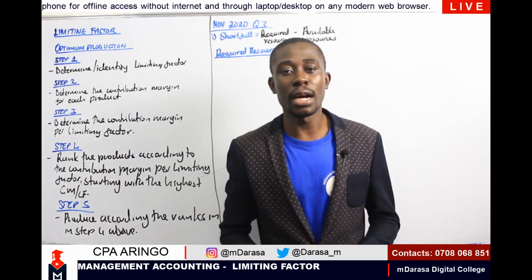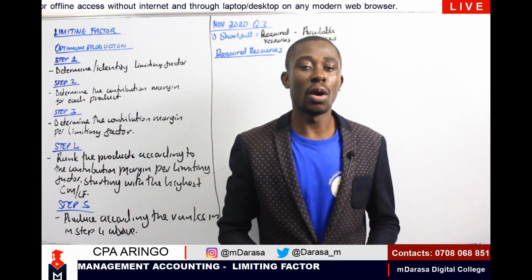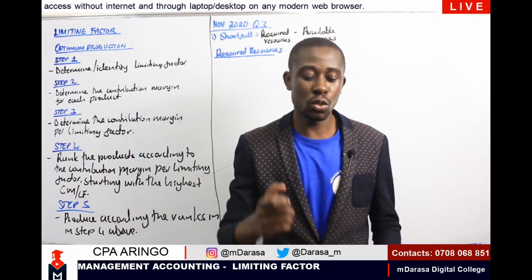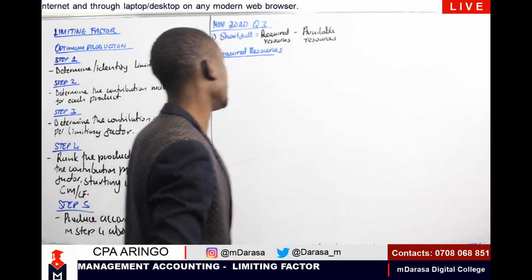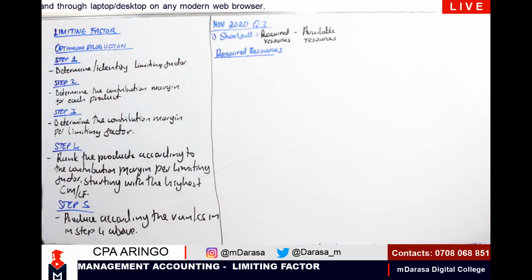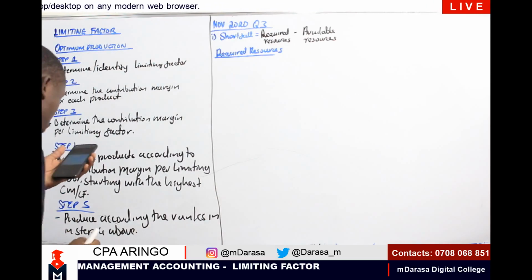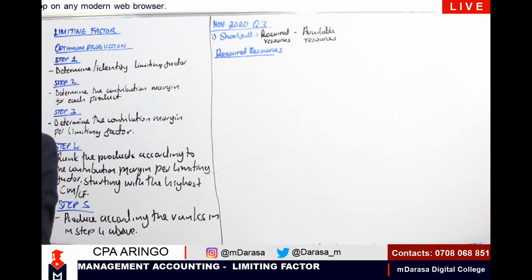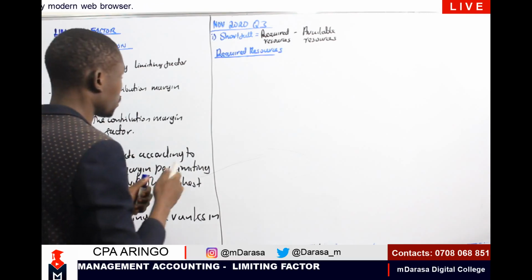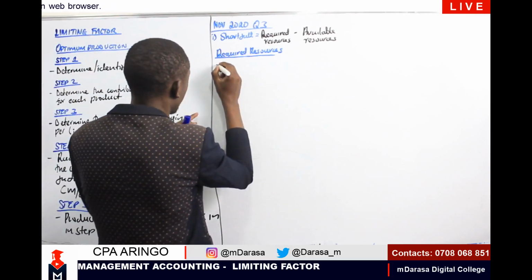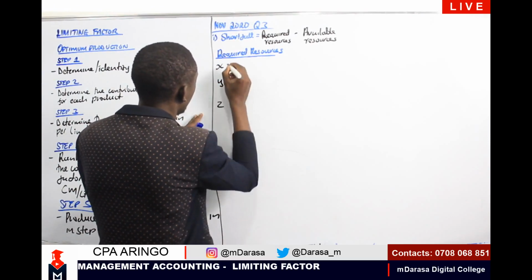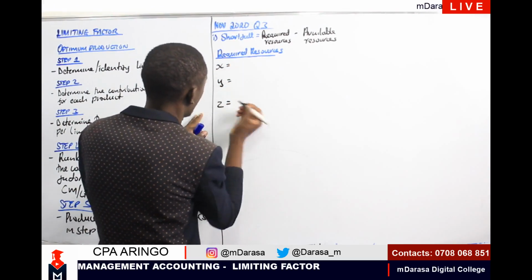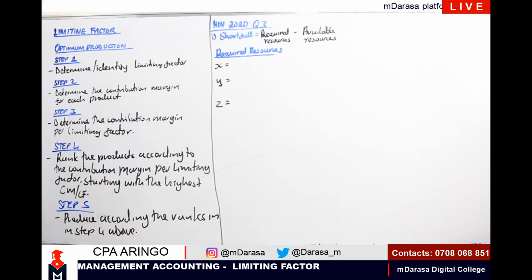So identify the products that you are given: according to our question, we are given products X, Y, and Z. These are the products given, my good students.